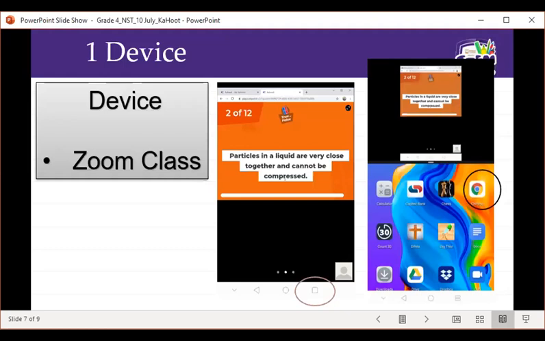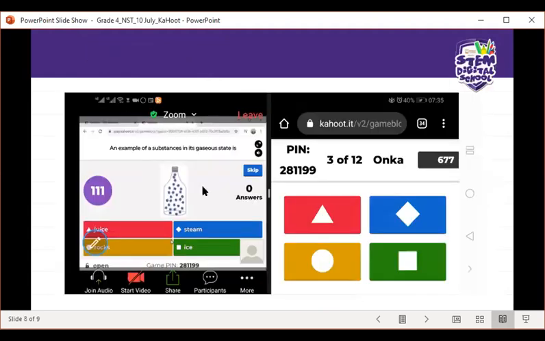And if you are using a laptop, just open up a new tab. Use that plus sign there to open up a new tab and go to kahoot.it, right? And so this is how your screen would look on a phone. The other half would be the Zoom class, and the other half would be where you are selecting your answers.